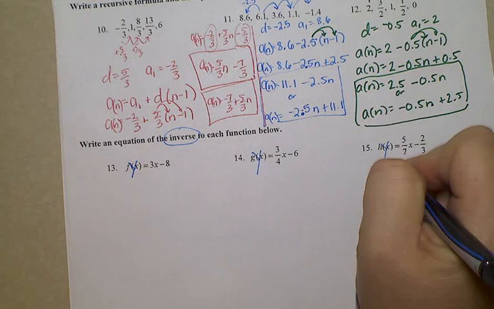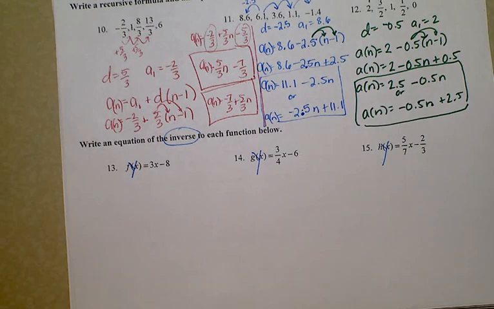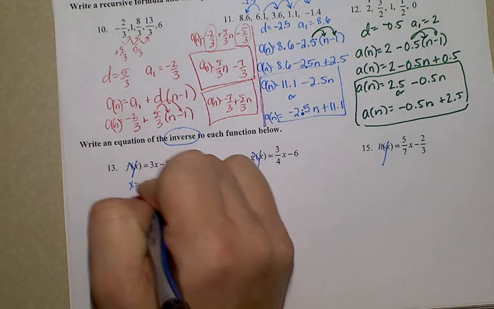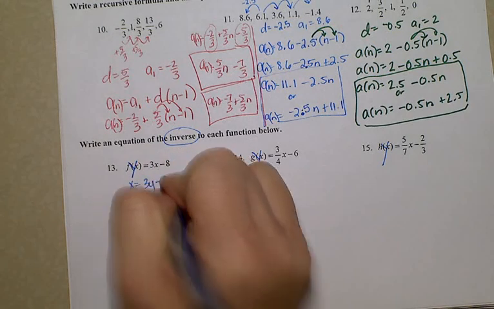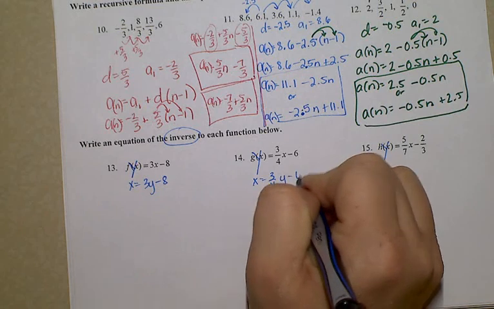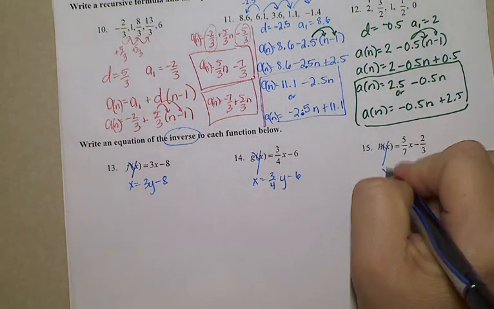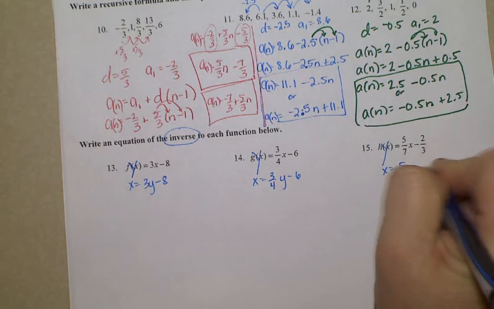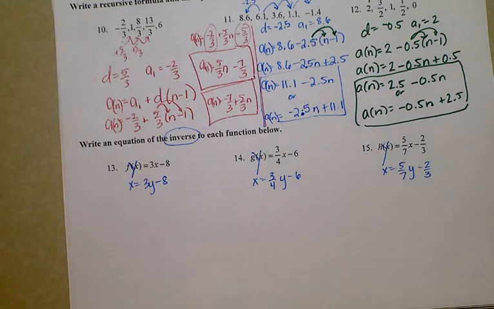That's the easiest. The second is we're going to switch the x and the y. And our final step is going to be to now isolate the y.